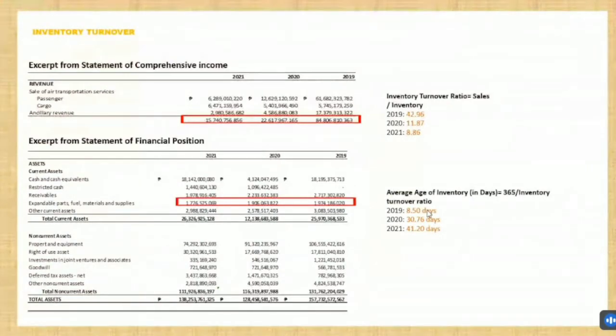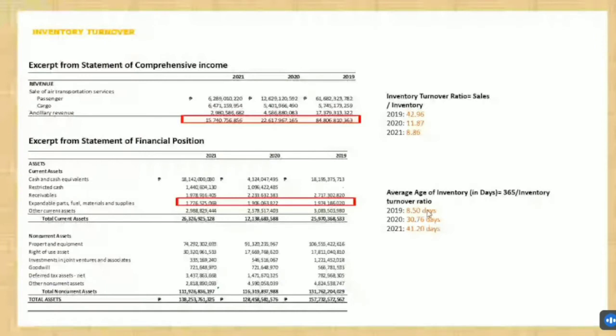Yung 84 billion na sales nung 2019, bumaba siya sa 22 billion nung 2020, and bumaba pa siya ng 15 billion in 2021. Samantalang napakaliit na decrease naman sa inventory, which averagely sells off or is used after 9 days in 2019 and 31 days in 2020, while 41 days in 2021.